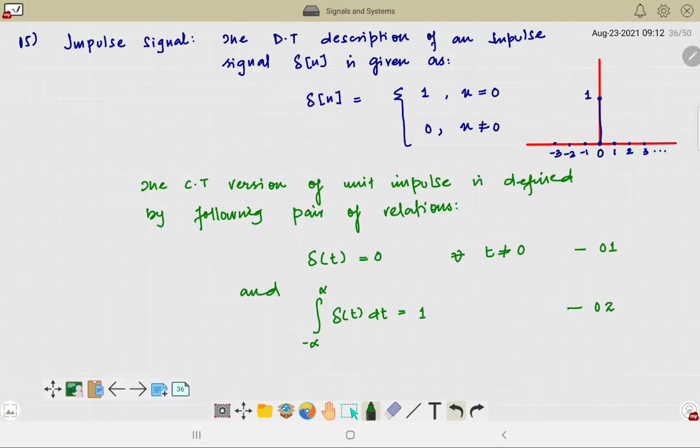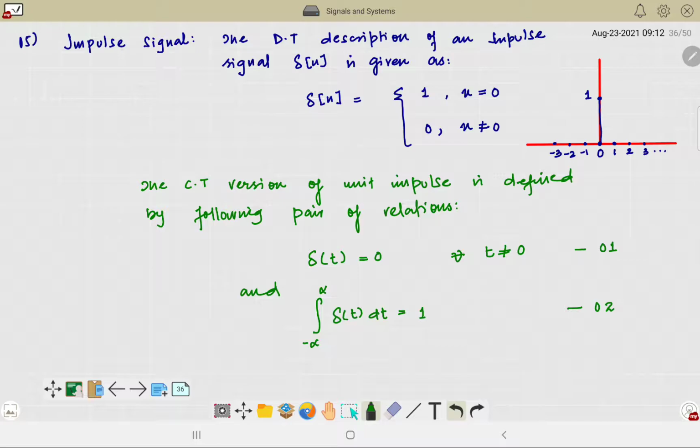So this provides us a mathematical description. Now equation 1 demands that the impulse function delta t is 0 everywhere except at the origin. Fine, because t not equal to 0 covers the entire time axis except for the origin. And equation 2 says that the total area under the unit impulse has to be unity. Fine.